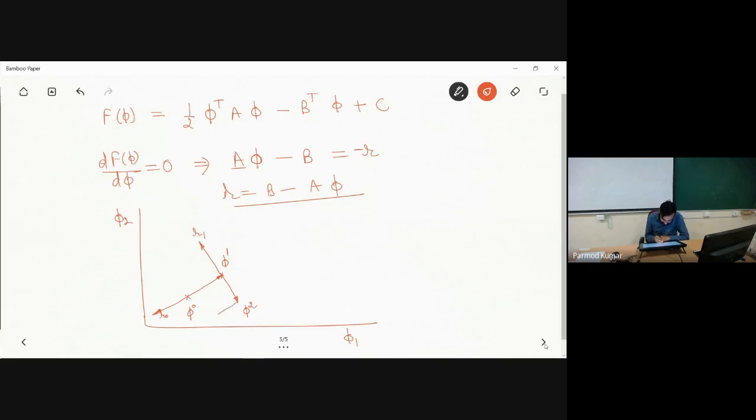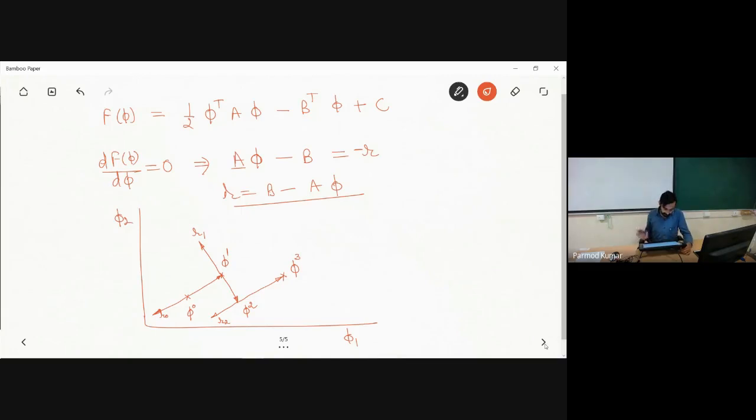Now let us consider this is another residual direction R2. Then I have to progress the solution opposite to R2, and this will be my solution at the third iteration. So like this, I will keep on moving my solution in a direction opposite to that of the residual at each iteration level, and that gives us the solution at the next iteration level. Finally, if we keep on doing this process, we will reach the converged solution.